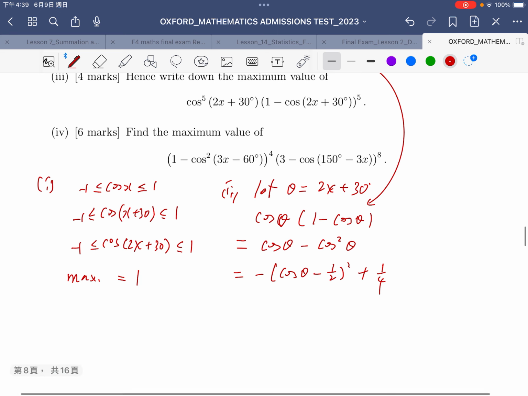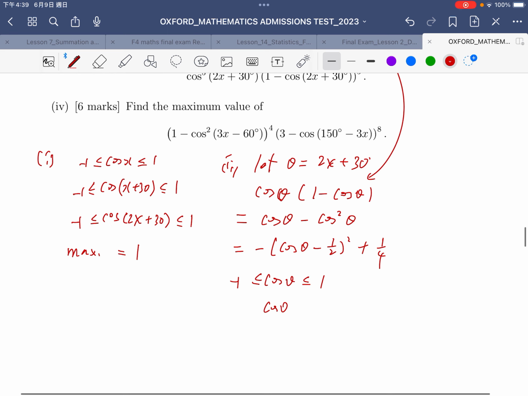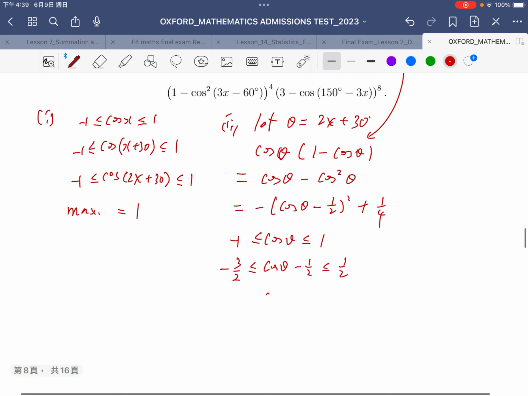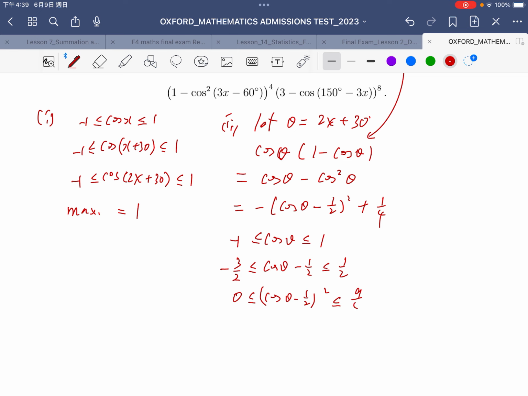Starting from cosine theta, which lies between -1 and 1, then minus 1 over 2, the value lies between -3 over 2 and 1 over 2. Then taking the square, the least value is 0 and the greatest value is 9 over 4.